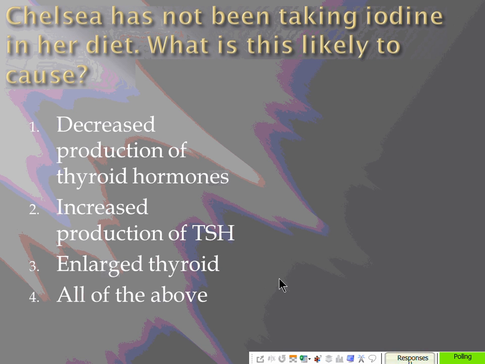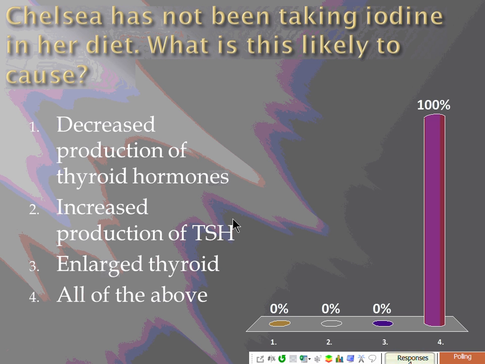What is this likely to cause? Excellent. Yes, very good. So decreased production. If she's not taking iodine, you can't produce the hormones. So the negative feedback doesn't occur. So therefore TSH is not going to be inhibited. It'll keep being produced, will keep stimulating the gland, and so your thyroid will be enlarged. So all of the above. Very good.